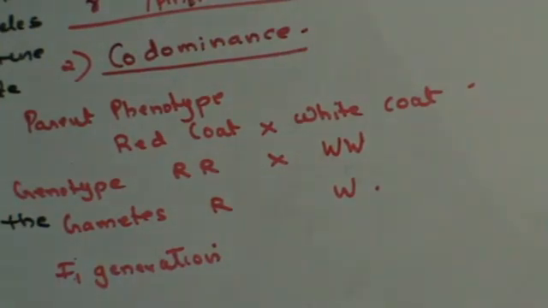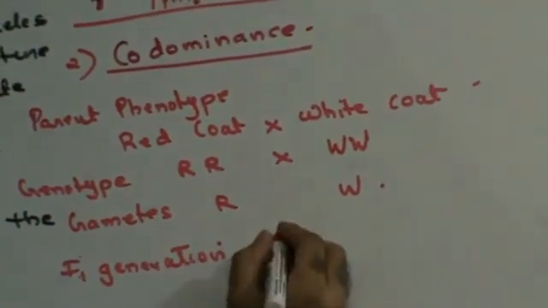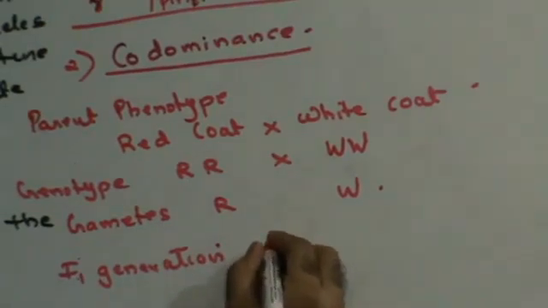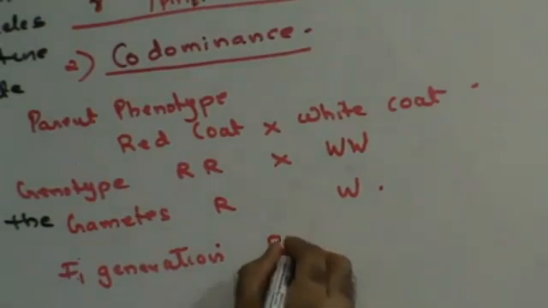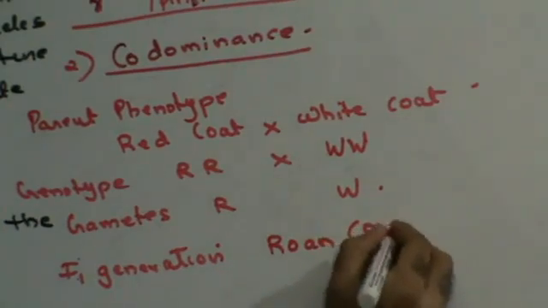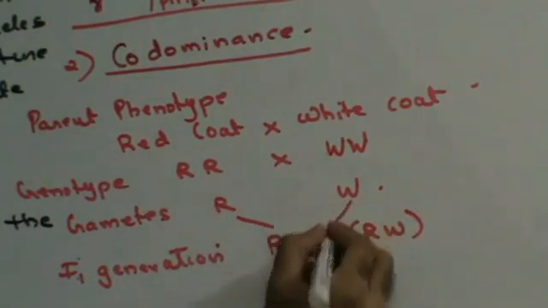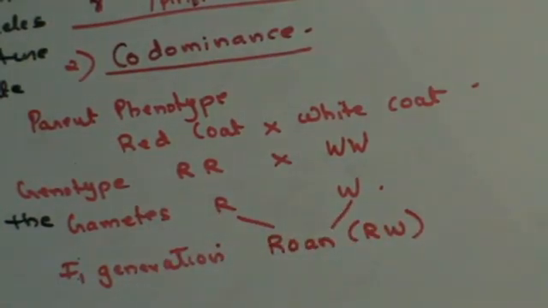This is called roan, RW. That is what codominance is. In incomplete dominance, you had a blend of both the characters; in codominance, both characters show themselves completely in the F1 generation.